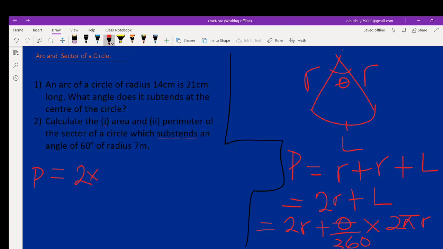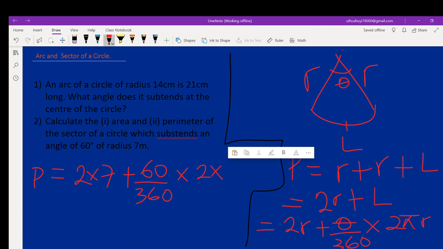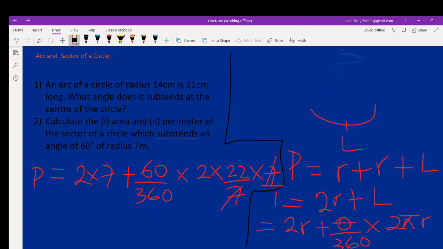So that will be 2 times 7 plus 60 upon 360 times 2 times 22 upon 7, then times the radius upon 1. This cancels out this.